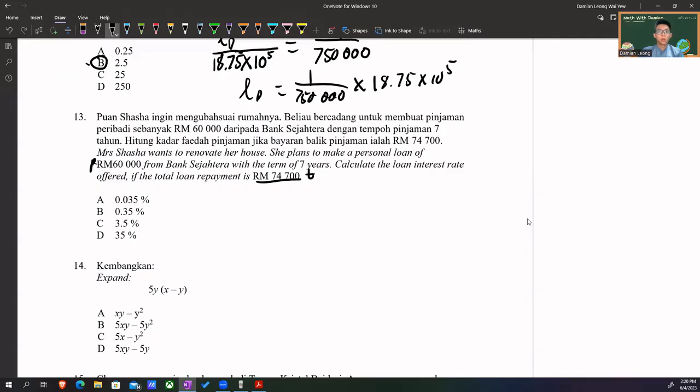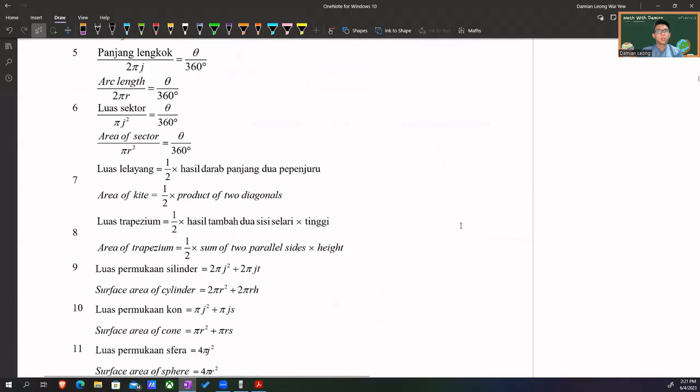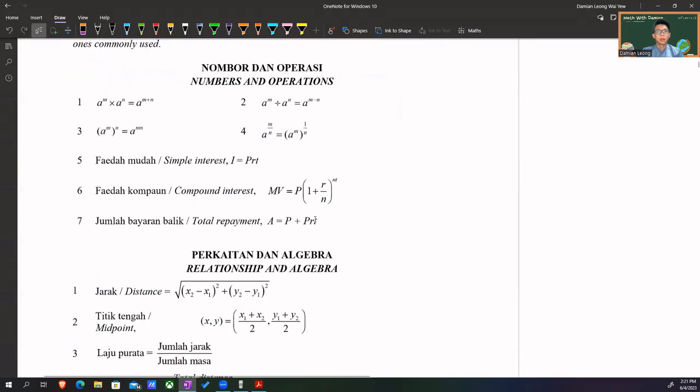And I have the total loan repayment, meaning the total amount that needs to be repaid. So we can use total amount to be paid, P plus PRT, principal plus the interest, principal times interest rate times time. If we see the formula sheet, you see here, total repayment formula is given as P plus PRT. So you can use the formula.